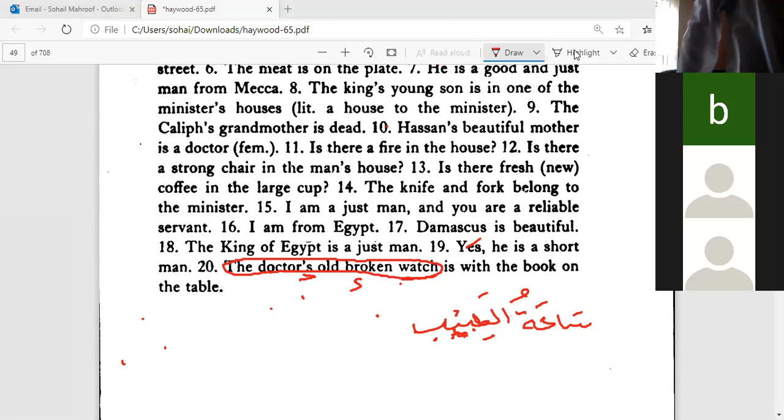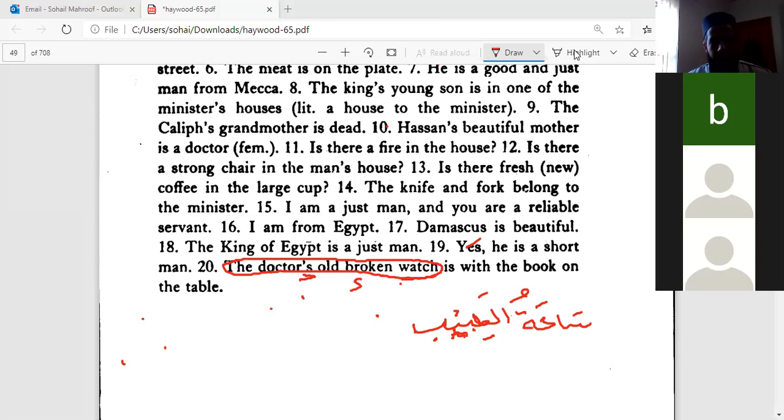Oh, it will be at-tabibi. Must be at-tabibi. I'm so sorry. This is so difficult. Sorry, the mudaf and mudaf ilayhi don't have to agree in gender.